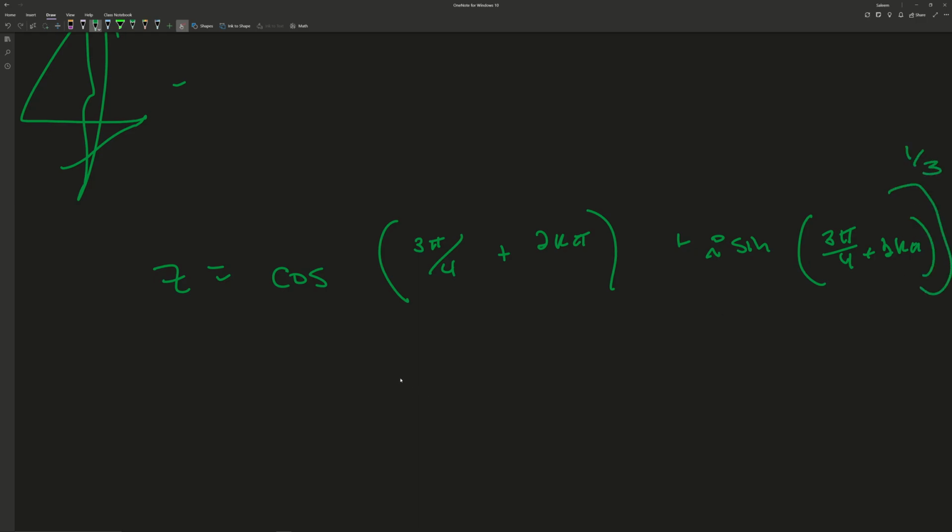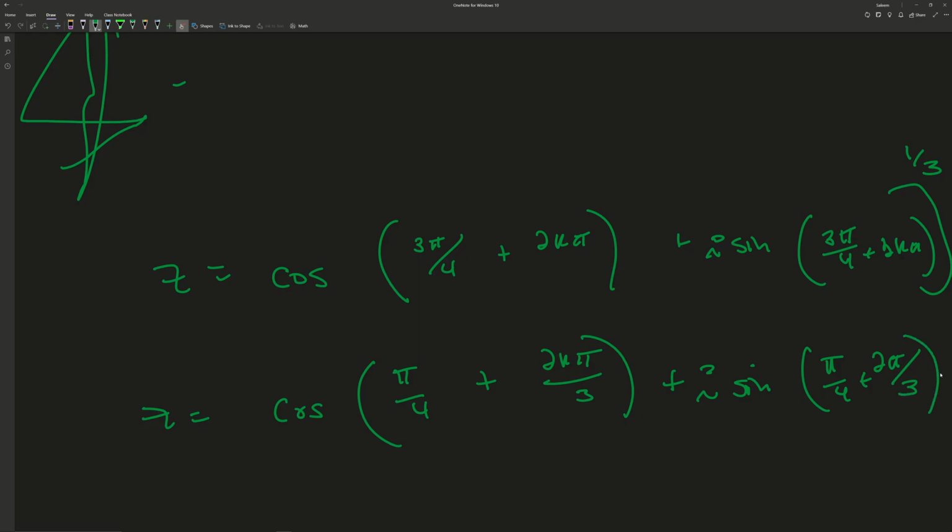So now I need to bring this third inside. To do that, we'll write it as cos of pi upon 4 plus 2k pi upon 3 plus i sine of pi upon 4 plus 2k pi upon 3. And of course, k is an integer.